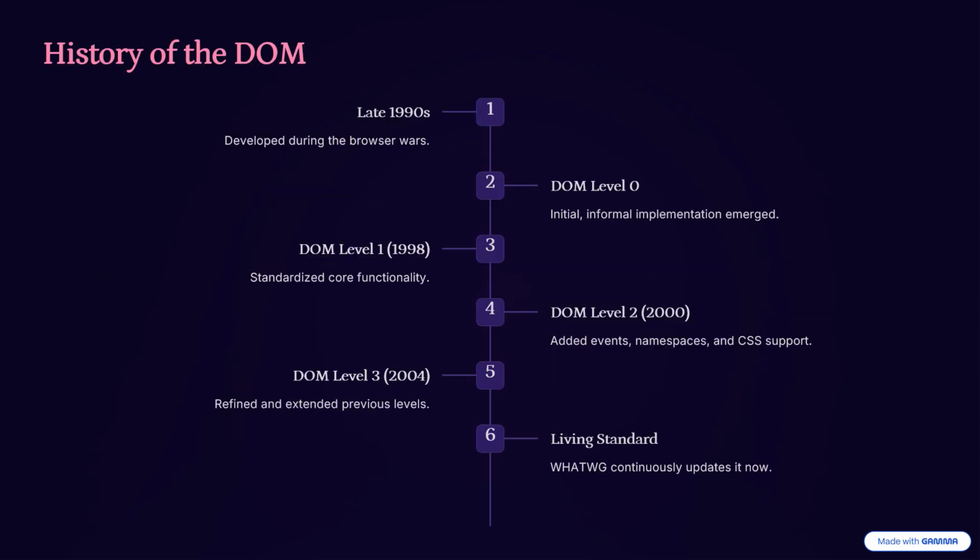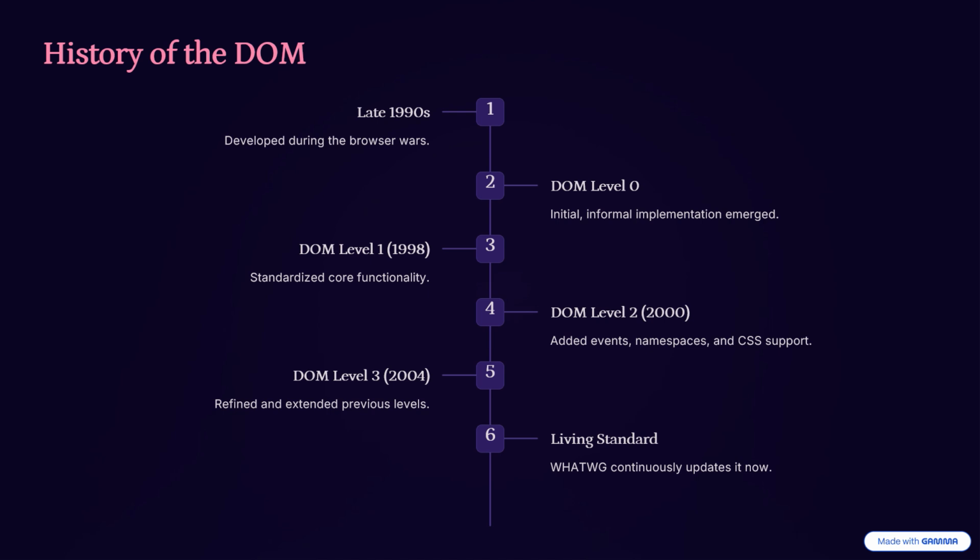History of the DOM. The DOM has an interesting history that reflects the growth of the internet. In the late 1990s, as different browsers competed, there was a need to standardize how scripts interacted with web pages. The earliest form was DOM Level 0, which was very basic and not standardized.